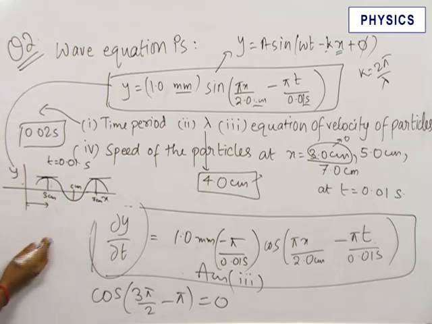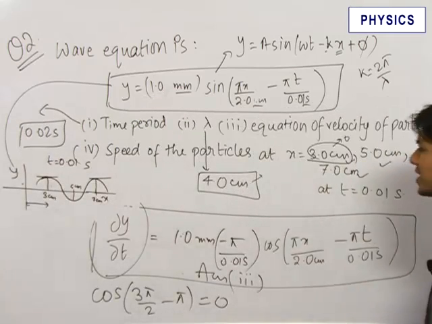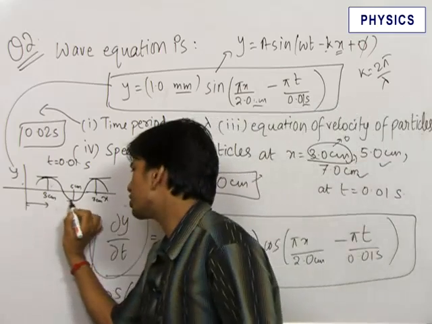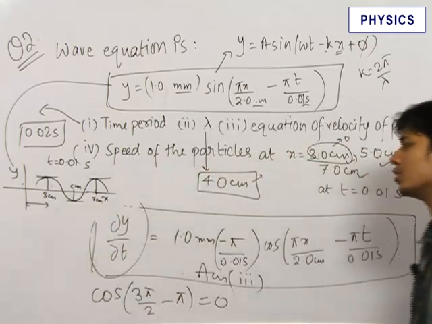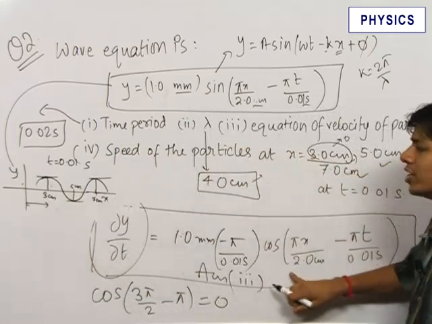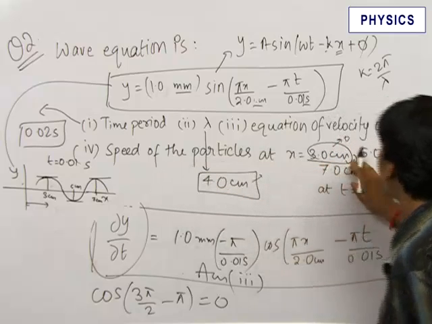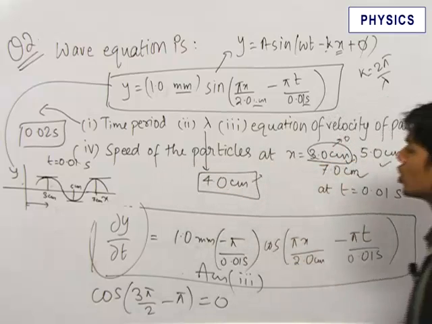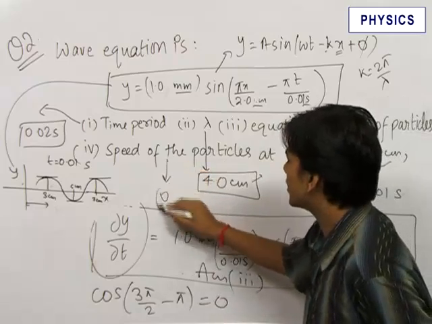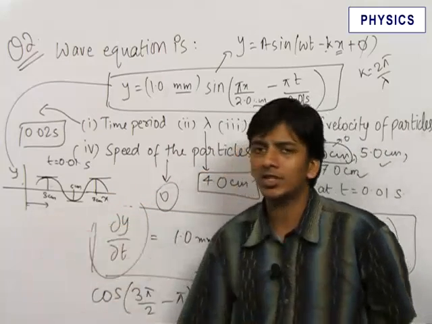So we clearly see that all the particles at all these points, 3 centimeters, 5 centimeters and 7 centimeters, are at their extreme positions and thus will all have velocity equal to 0. You can also find out the answer by putting the values in this equation. You will get the same answer. So the answer for the fourth part is the speed of the particles at x is equal to 3, 5 and 7 centimeters at t is equal to 0.01 seconds is 0. So it is always very useful to draw the graph of the equation and solve it easily.